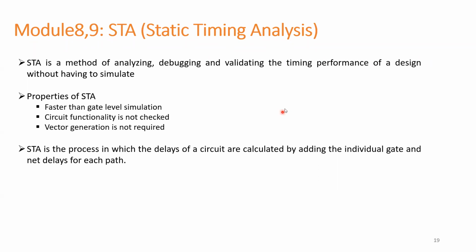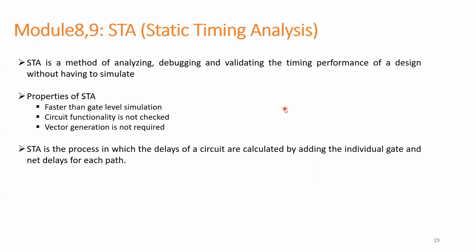So what is static timing analysis? Static timing analysis is the process in which the delays of a circuit are calculated by adding the individual gate and net delays for each path. For each and every path, there will be combinational logic and interconnects. The interconnect net delays will be taken from the SPEF and the cell delays will be taken from the timing libraries.